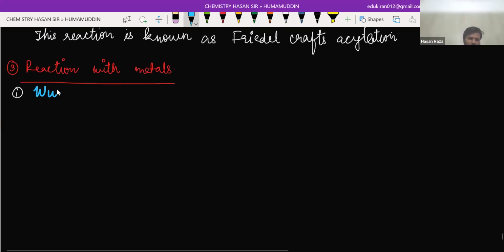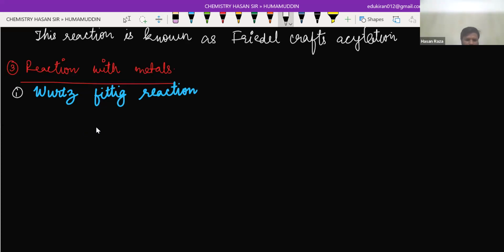The first one is the Wurtz-Fittig reaction. Like in the Wurtz reaction, where we used alkyl halide, in this Wurtz-Fittig reaction we are going to use aryl halide as well as alkyl halide.